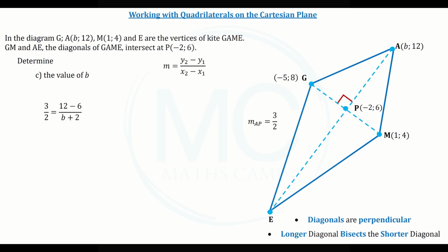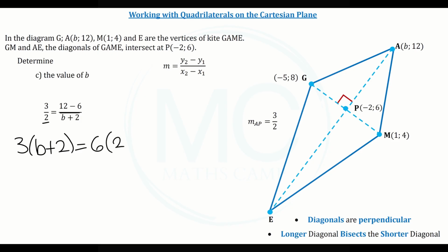We need to solve for B. So let's multiply out our common denominators. And we say 3 multiplied by B plus 2 is equal to 12 minus 6, which is 6, multiplied by the denominator of 2.